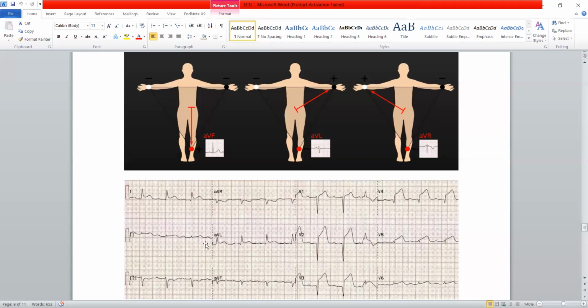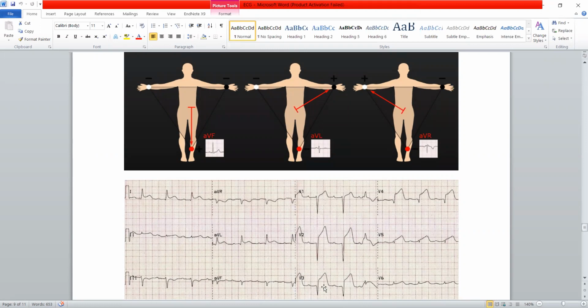Now look at the other lateral leads. Similarly, there is ST elevation in lead AVL. Now look at lead V1. This is our reference line, TP segment, and see that this ST segment is also elevated. Similarly, this one is also elevated.